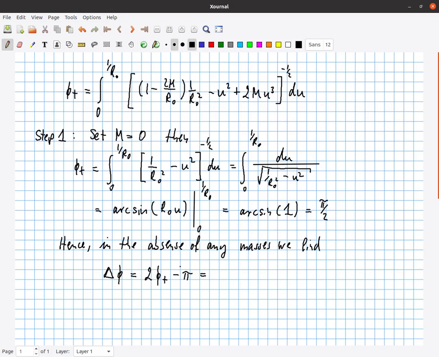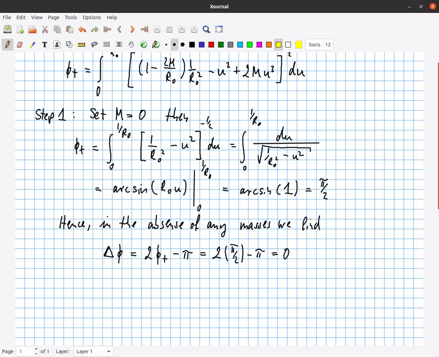You might be wondering, why did I subtract pi? The answer is the result when m is 0. We now get 2 times pi over 2 minus pi, which gives exactly 0. If I provide you with a very quick sketch of the figure that we had, we had here our light ray passing by the sun, and here we had our asymptotes that these lines approach to.